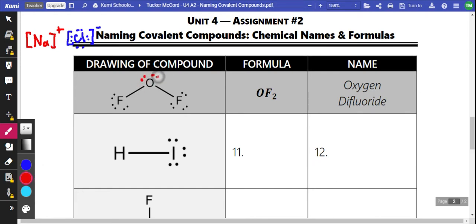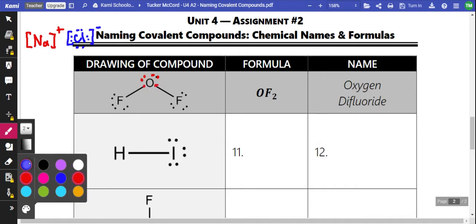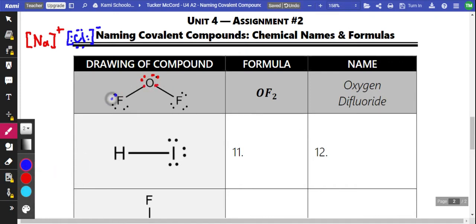Oxygen usually starts with 6 valence electrons, and each of these fluorines would usually start with 7. 1, 2, 3, 4, 5, 6, 7. What this line stands for is there's a pair of electrons, one from one atom, one from another, that's being shared between these two atoms. So both atoms will have ownership over that pair of electrons.